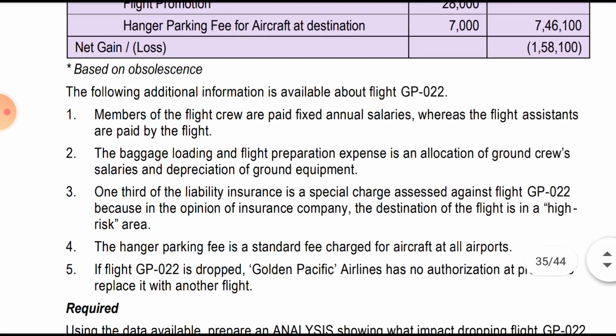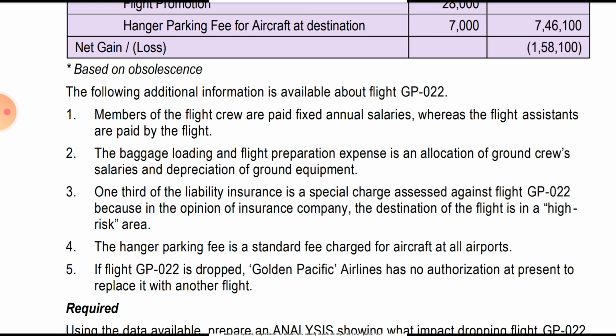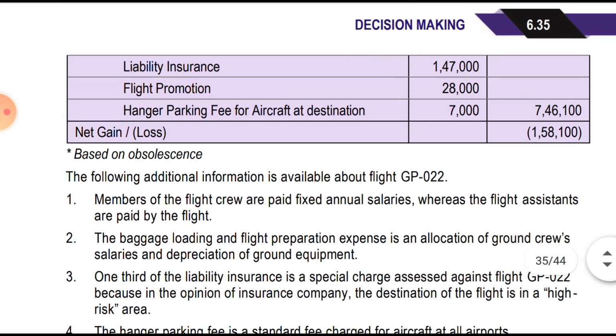Then one third of the liability insurance is a special charge assessed against flight GP022, because in the opinion of the insurance company the destination of the flight is a high-risk area. So 2/3 will not be deducted, only 1/3.